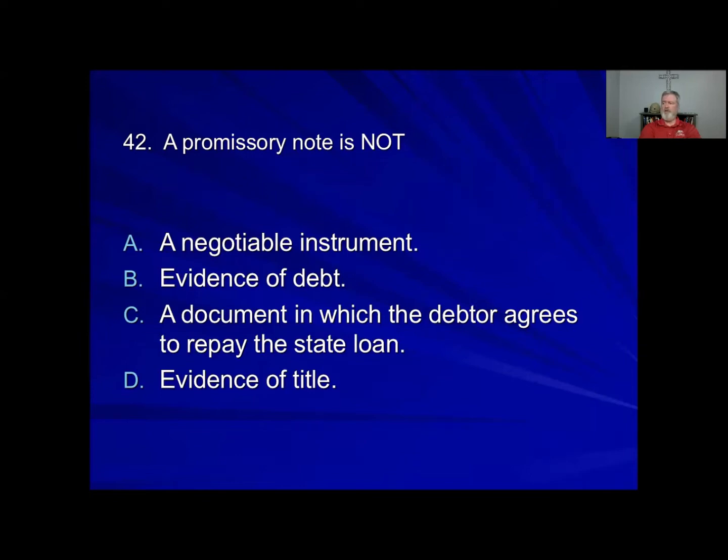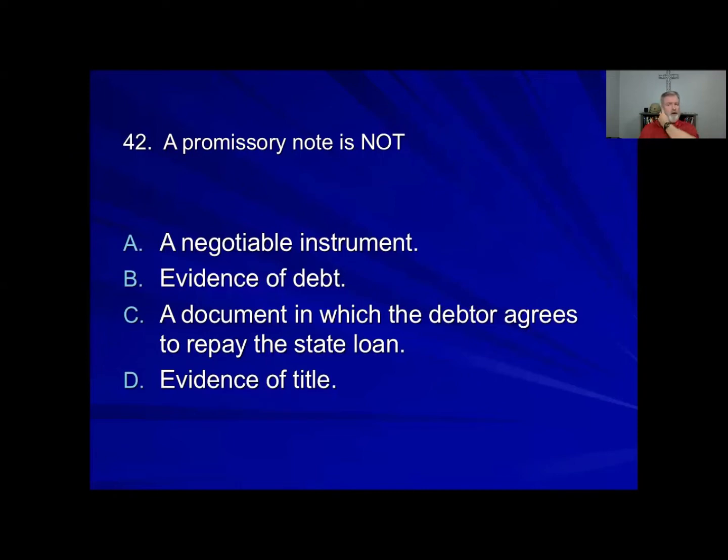A document in which the debtor agrees to repay the stated loan. That's a true statement, because when you sign that promissory note, you're promising to repay this debt under the terms and conditions you negotiated. D, it's evidence of title. That would be the correct answer for the question because a promissory note is not evidence of title.